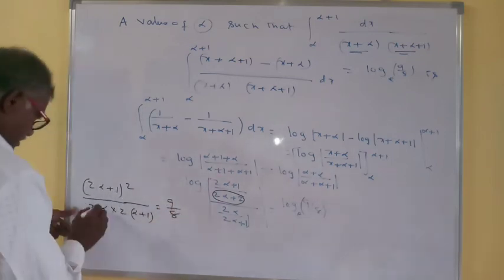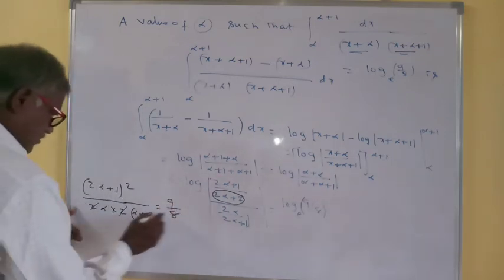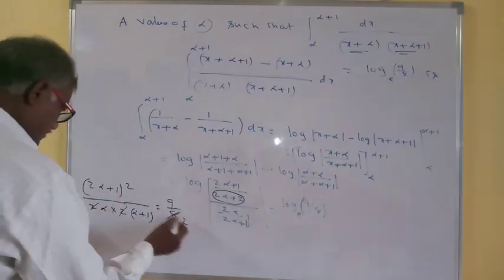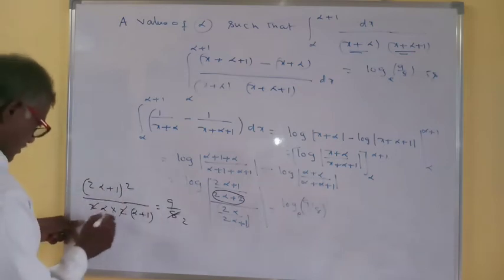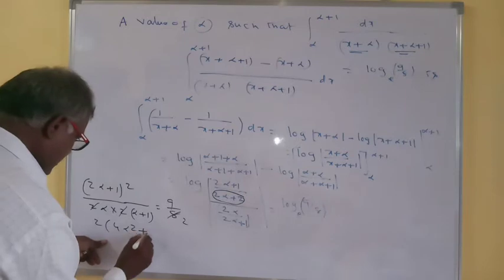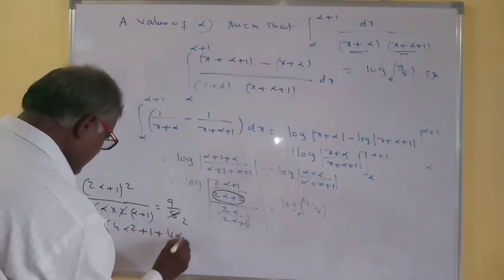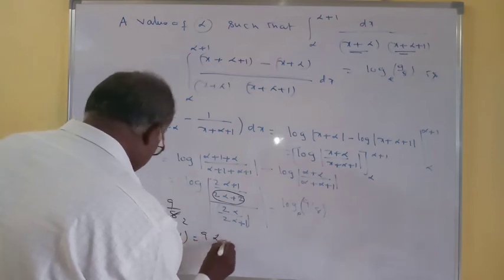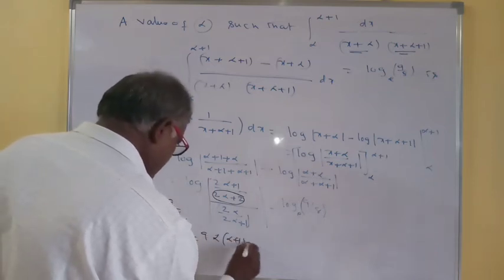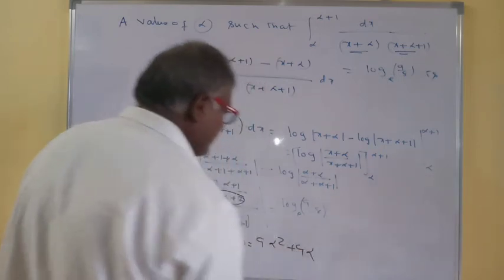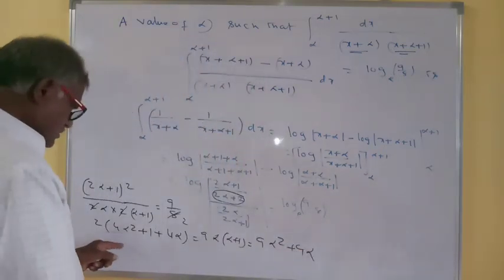So 2 into 2, 4, 4 twos. Take the common factor. What will we obtain? 2 into a square plus b square plus 2ab. Here also 9 alpha into alpha plus 1, that means 9 alpha square plus 9 alpha. Now we have to simplify.